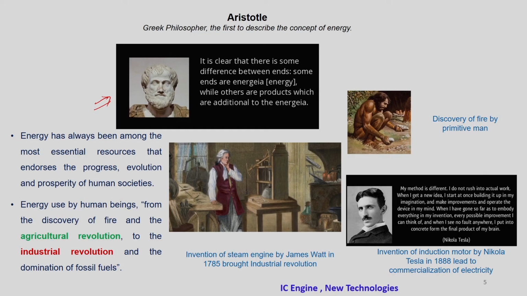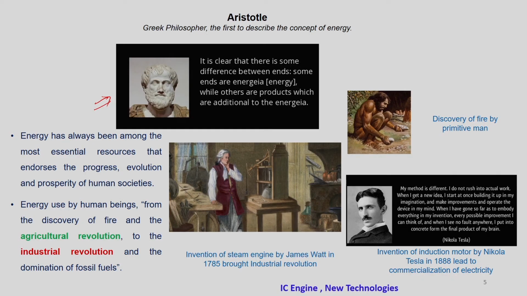He is the first man to describe the concept of energy. His statement goes something like: it is clear that there is some difference between the ends. Some ends are energia, meaning energy, while others are products which are additional to the energia.